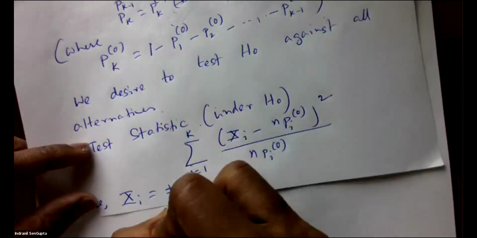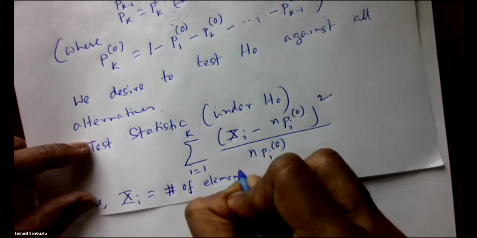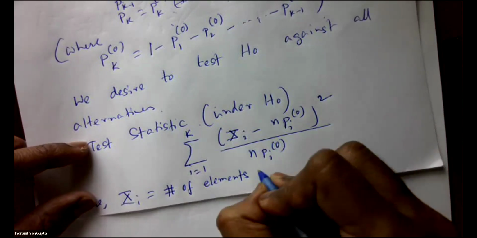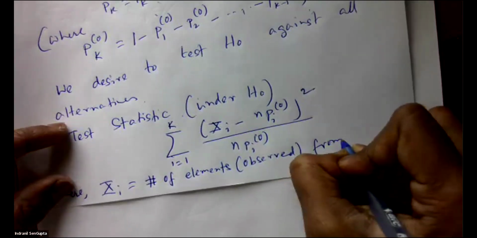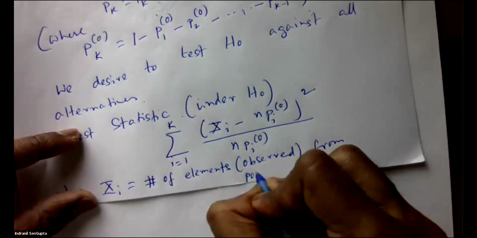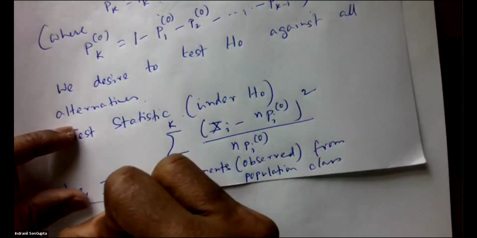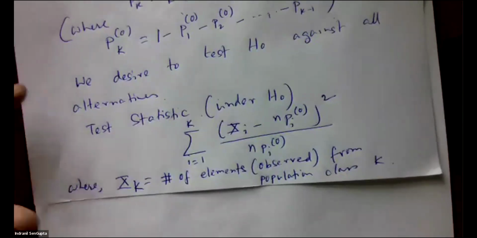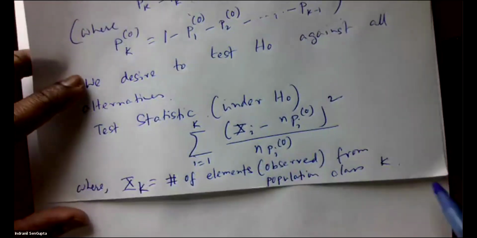So it's the number of elements observed from population class k. Okay. So basically, this is the observed value of the population.